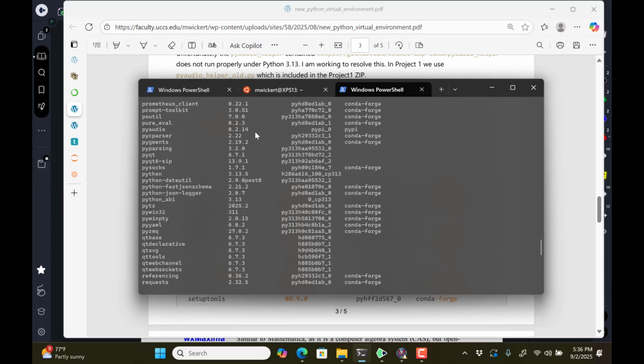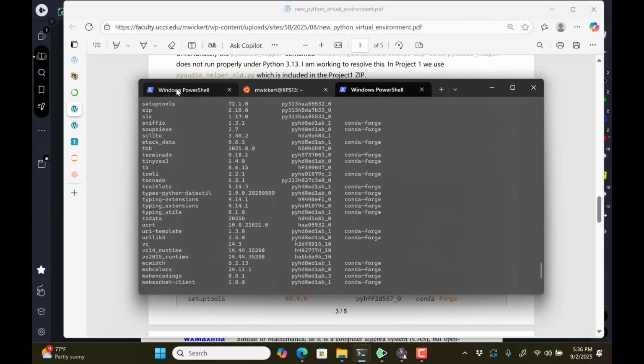Right there, PyAudio. You can just see what the packages are that you installed, and you can also see the version number. And you can tell whether it was installed by conda-forge, or PyAudio was installed by PyPI, which was the pip installer. So we're good to go there.